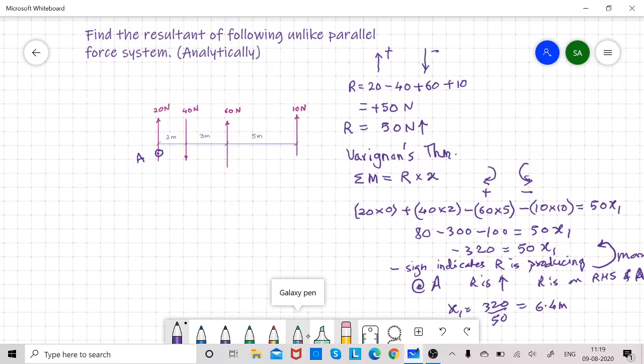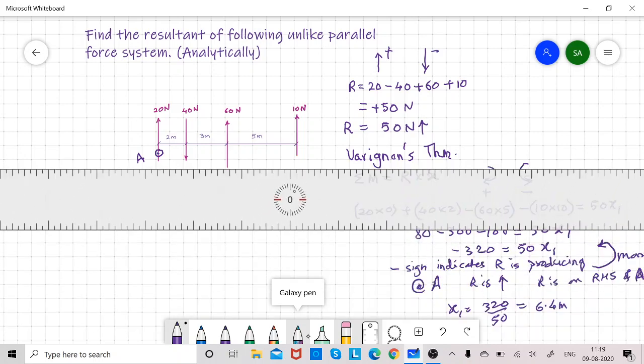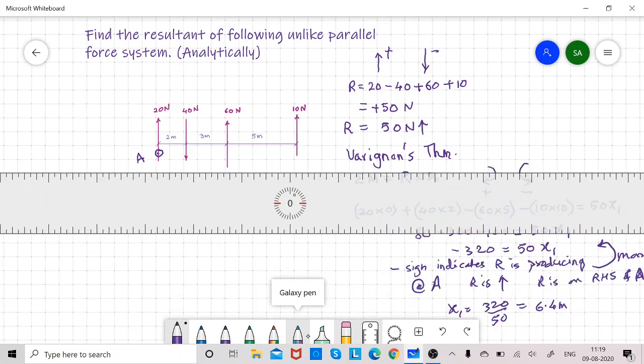So the resultant lies at a distance 6.4 meter from this first point, somewhere here.